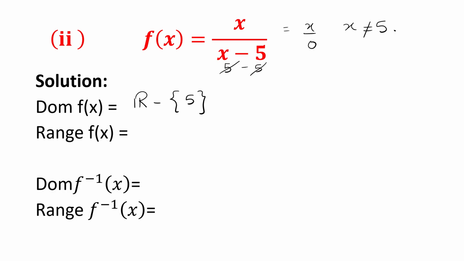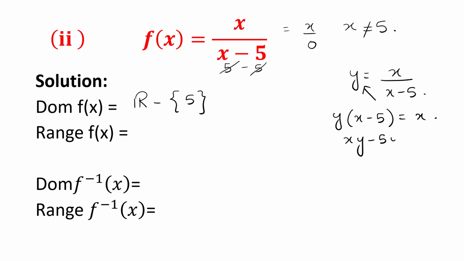Now for range, we solve for x. By cross multiplying this x minus 5, we have y into x minus 5 equals x. By rearranging terms, this x is common.